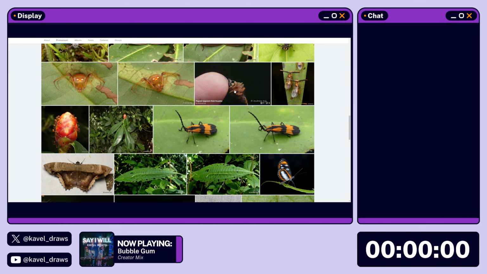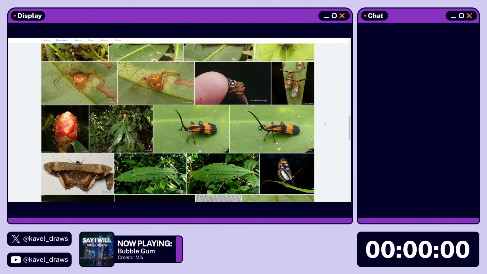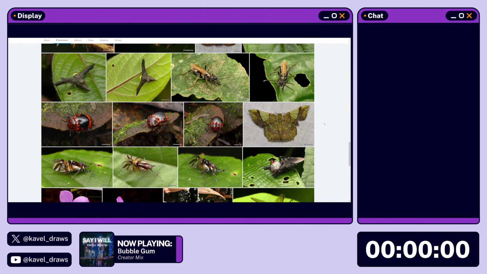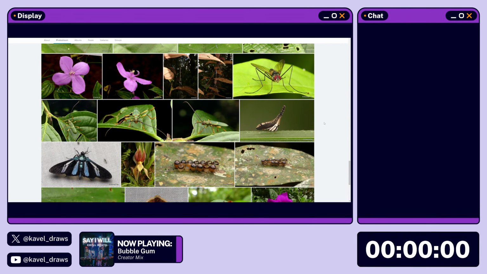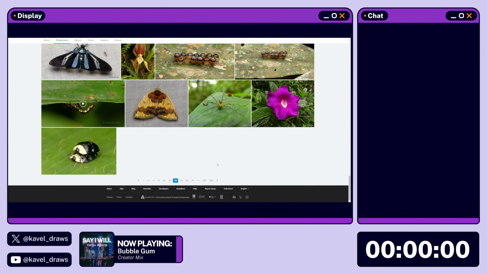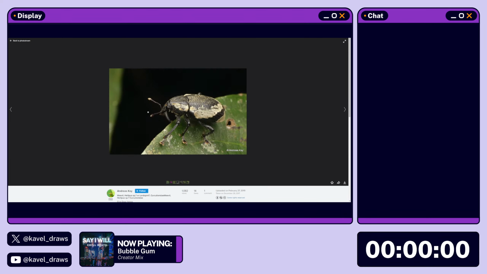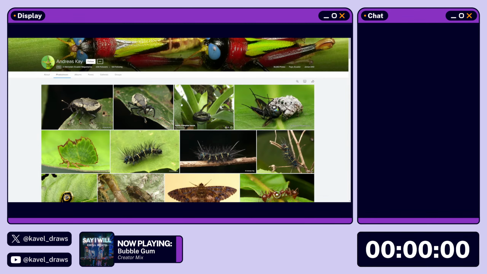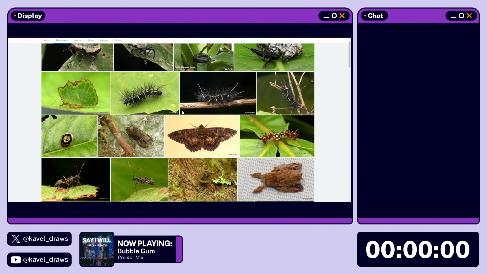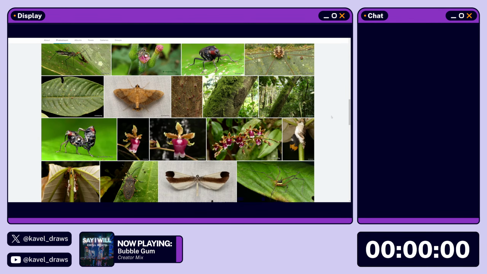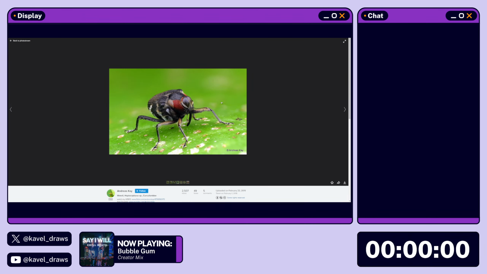Plenty of pages to go through. I guess we'll do this. Another weevil. Here, we'll save this one on the side, but I want to see if there's another. Yeah, boy.